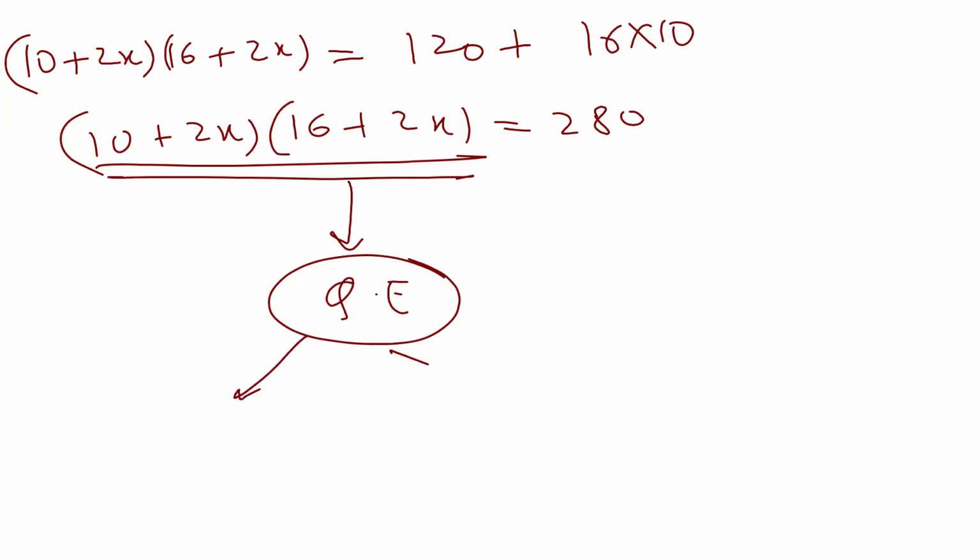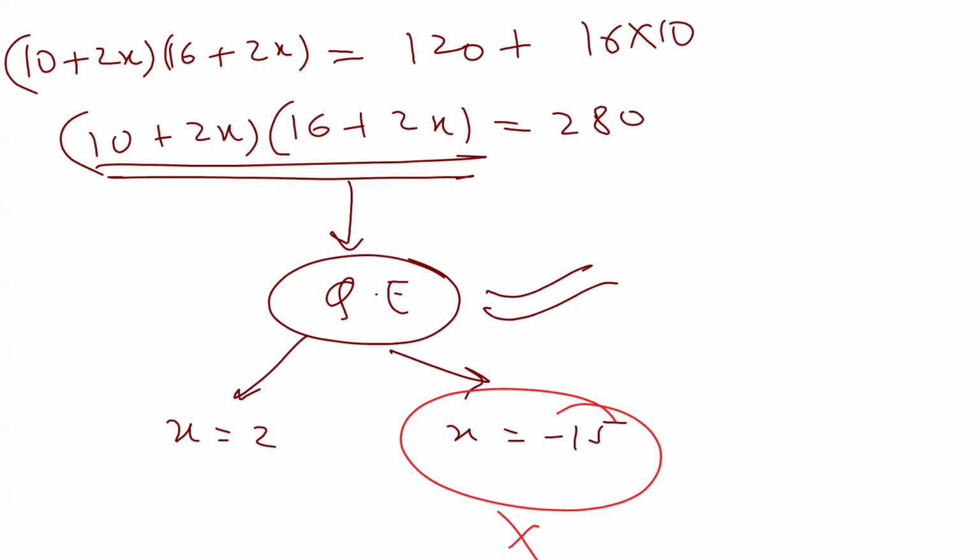And when you solve that, you will get the value of x as 2 and x as minus 15. This part I'm not solving because I'm very sure that it is very easy for you. The negative value I'm going to discard and I'm going to consider only the positive value. So that x, which is of uniform width, is 2 meters.